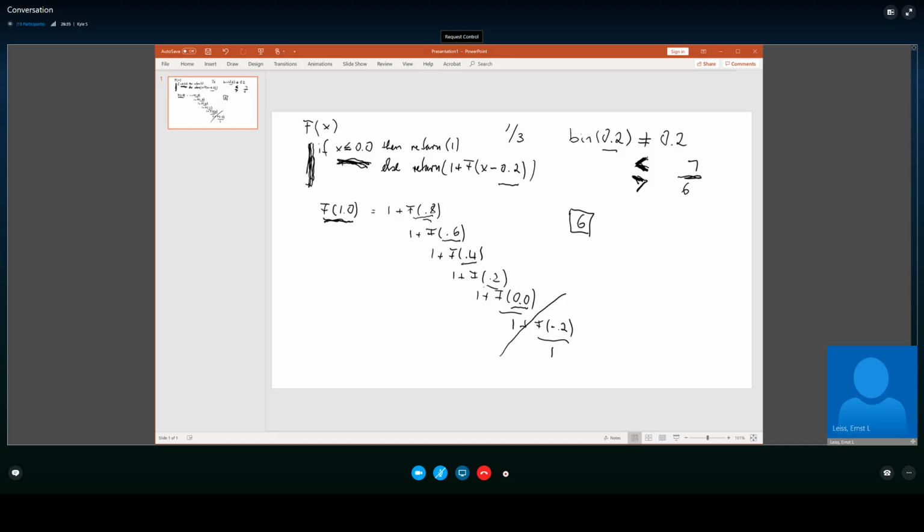So this is of course a fundamental flaw, because now we really have no way of even looking at this code and mentally executing it and determining what is exactly the response. Is it 7? Is it 6? We don't know what the binary representation of 0.2 is with respect to decimal 0.2. And therefore, we have no basis to determine whether it's going to be 7 or 6 when we call f of 1.0.